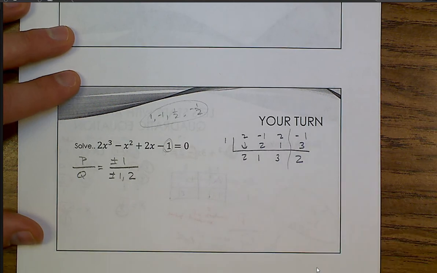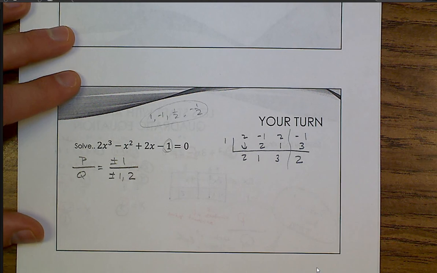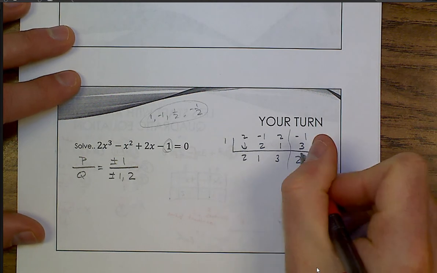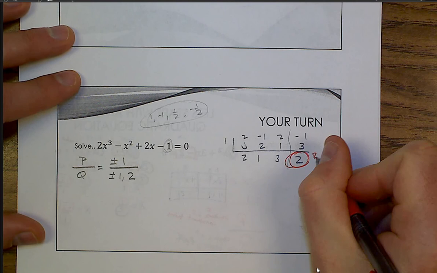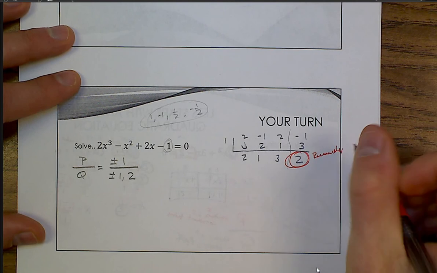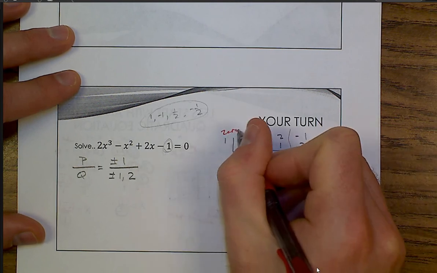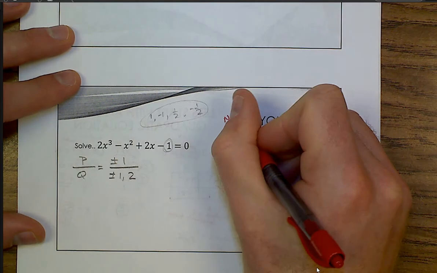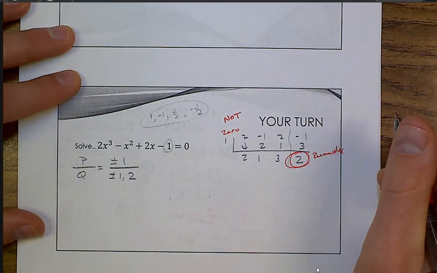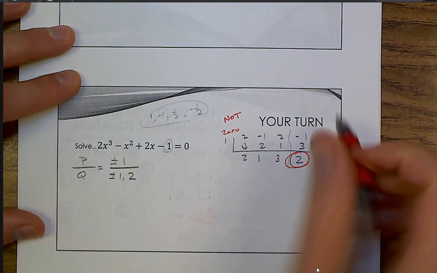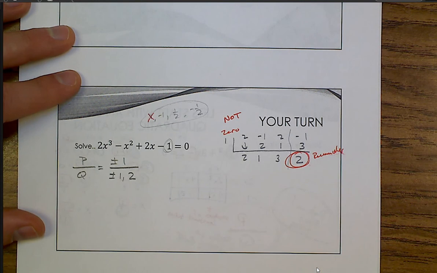Okay, so what does that mean? That's a remainder. So we know that this possible zero of 1 is not a zero. It's not going to work because we have a remainder. So that doesn't work. Mathematicians, before technology, had to try the next possible zero.